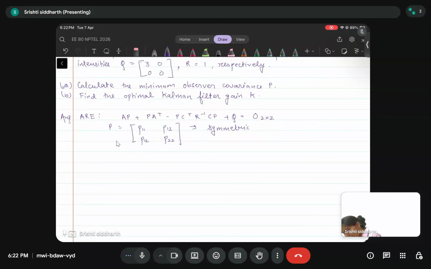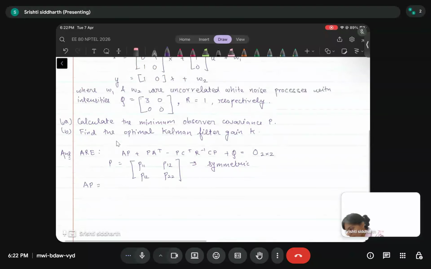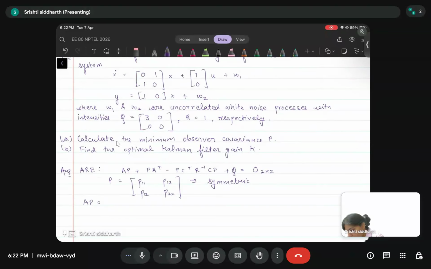So AP is [0, 1; 1, 0] times [P11, P12; P12, P22], which gives P12, P22 in the first row and P11, P12 in the second row.